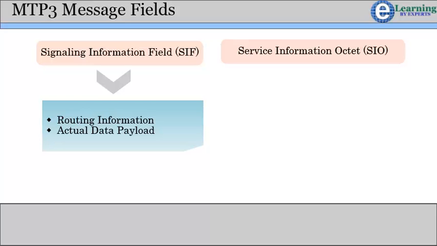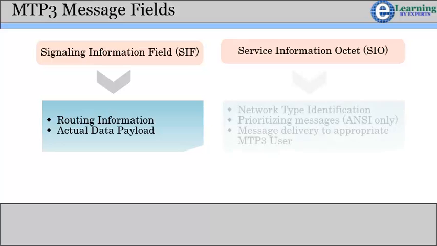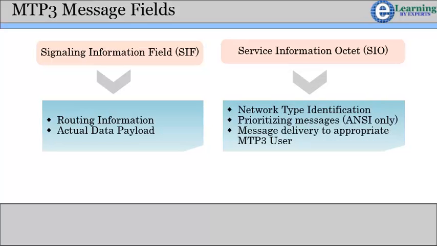The SIO contains general message characteristics for identifying the network type, prioritizing messages, ANSI only, and delivering them to the appropriate MTP3 user. When an SS7 node receives messages, MTP3 uses the SIO and the portion of the SIF that contains routing information to perform discrimination, routing, and distribution.